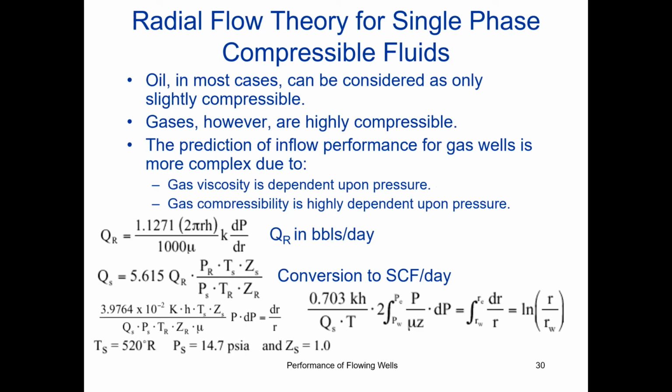If it is compressible, like gas, when we do the calculation, it is the same dP to dr, but now the pressure changes, the viscosity changes, the flow rate changes.